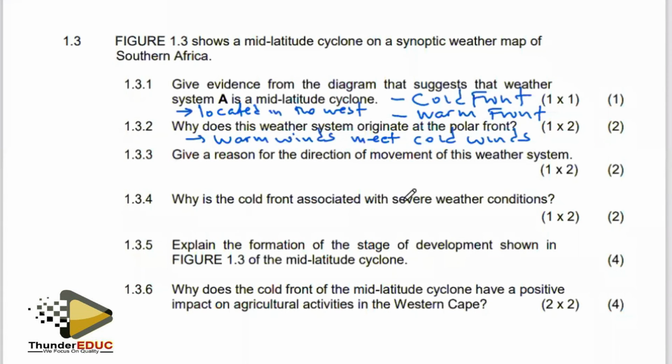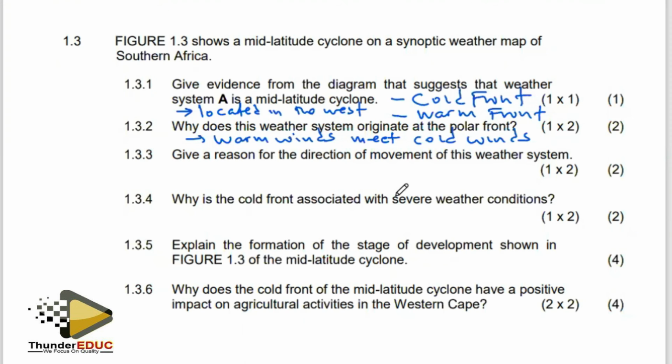Because the polar front is a region where different air masses meet. That includes warm winds and the cold winds. So the mid-latitude cyclones do develop at the polar front. That is where the cold easterly winds meet with the warm westerly winds.